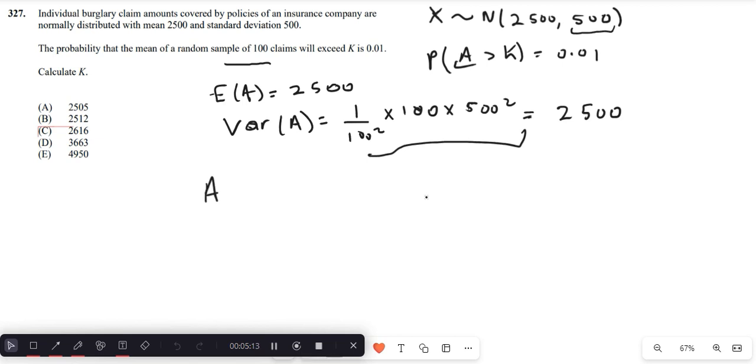So A is distributed normally with a mean of 2,500 and a variance of 2,500, not standard deviation but rather variance. And we need to find out what the value of k is.